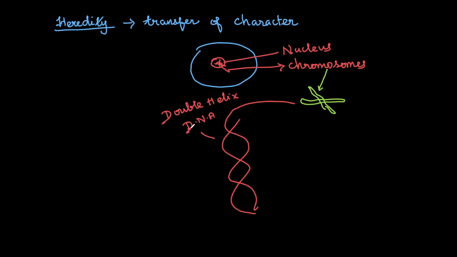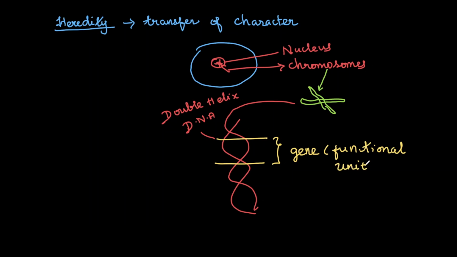A small segment of DNA is called a gene. A gene is the functional unit of DNA. So this gene, a pair of genes, is responsible for one particular trait.